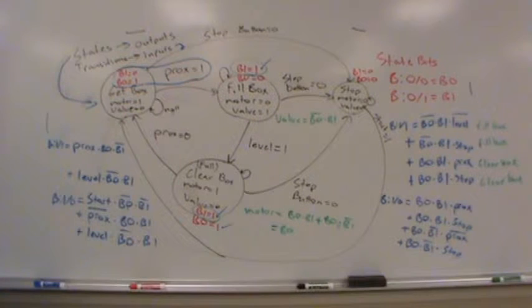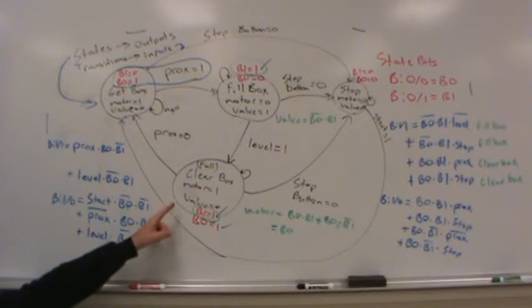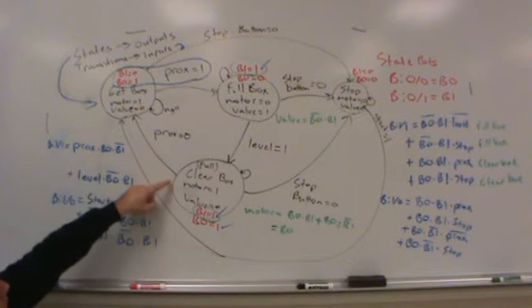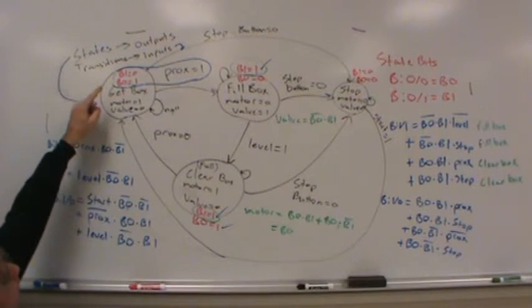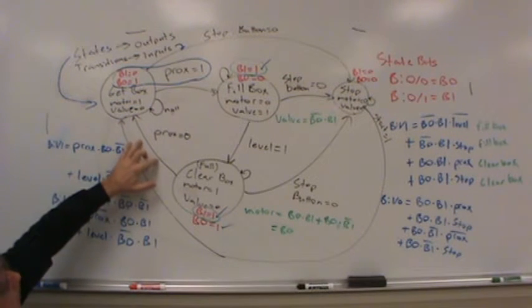Right now, prox is 0. Getting close. Okay, prox is on. Now that prox is on, we're right here. It should take this transition. In other words, there should be nothing that keeps B1 on.